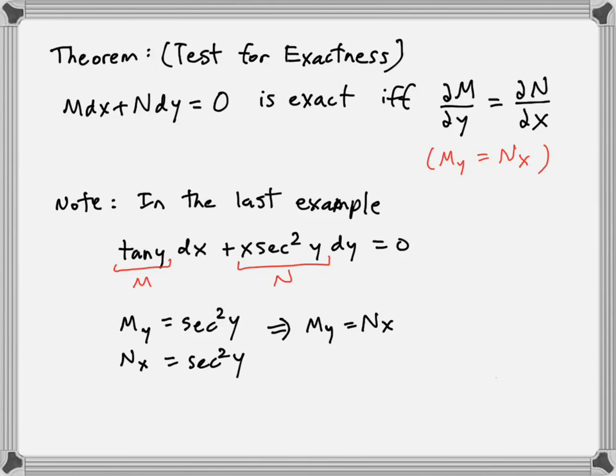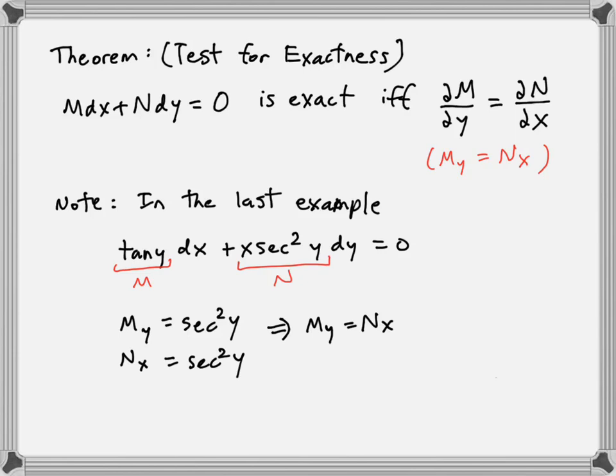Okay, so how do we find the potential function if we know that it exists? The way we do this is the reverse of partial differentiation, which I like to call partial integration, but you have already done this in Calculus 3.